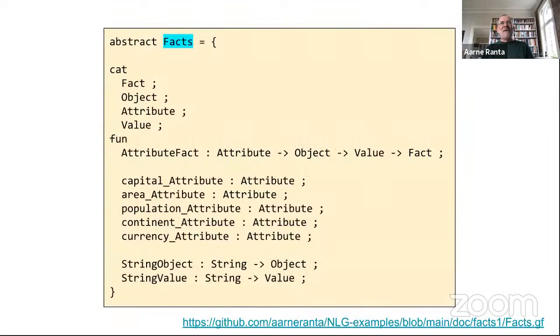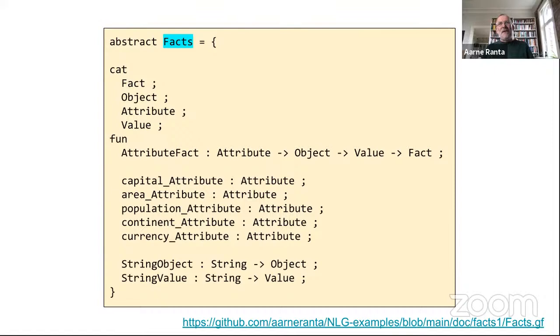And the GF grammar for this: there is a category of facts, and you basically build it with the abstract function AttributeFact from an attribute, an object and a value. And there is a short list of attributes, and you might recognize these as the names of the columns in the table that we started with.